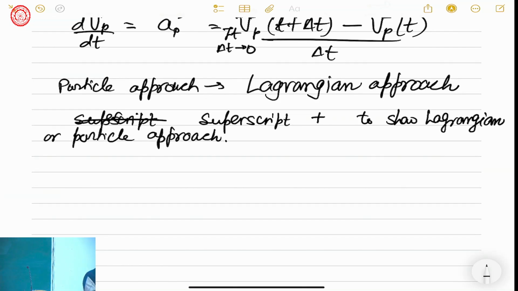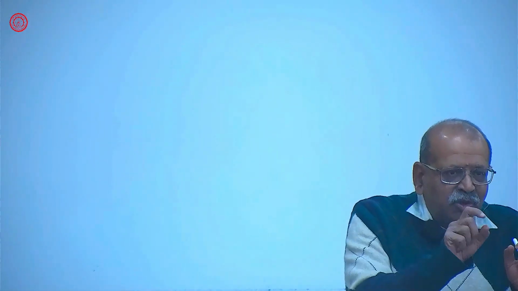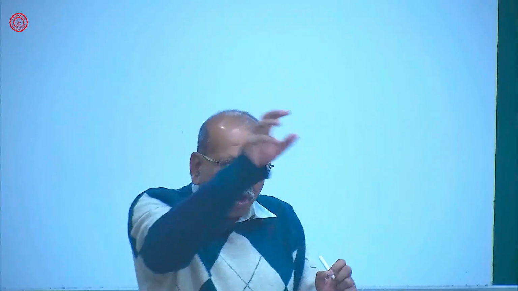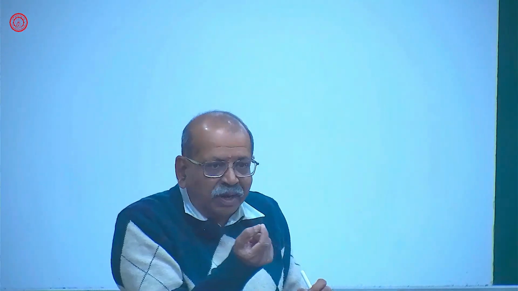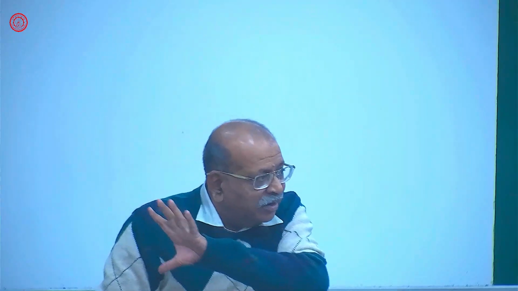Now, you realize when we talk of mechanics of a rigid body, we talk of a ball which we throw, then there is only one particle. Now, when we talk of a fluid, there are an infinite number of particles.